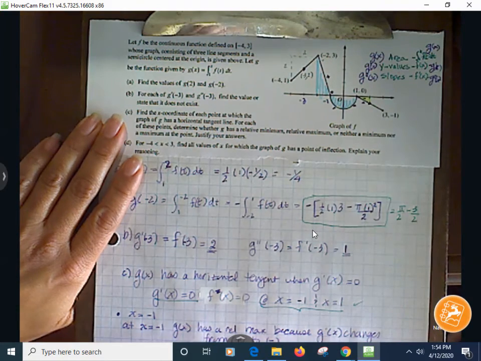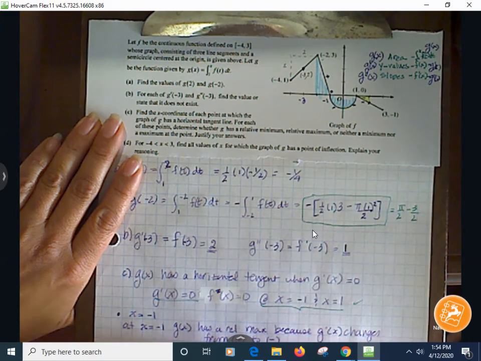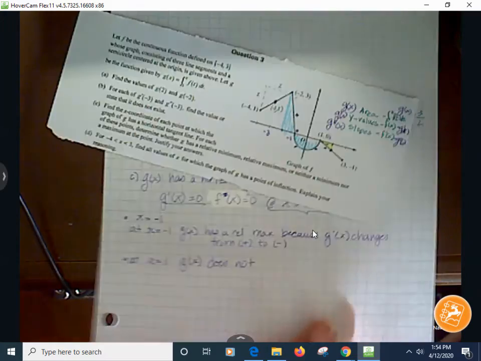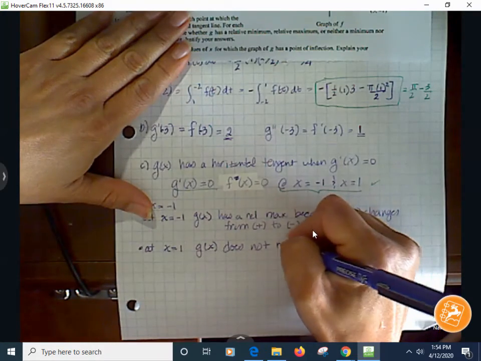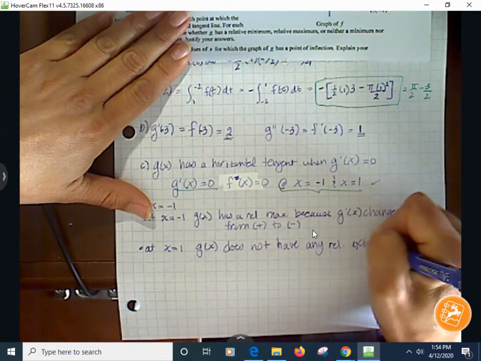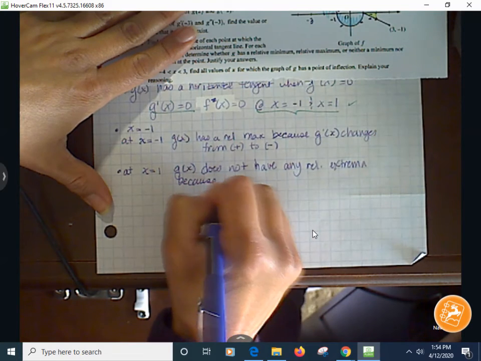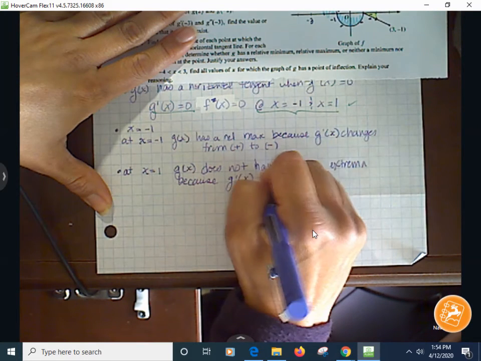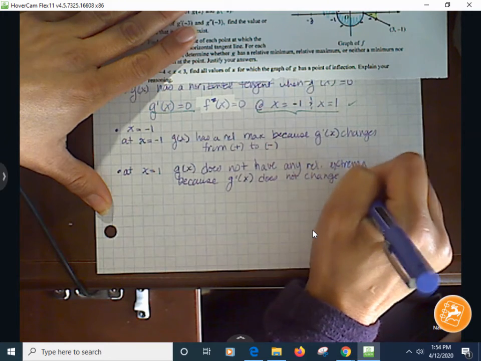So at x equal to 1, g of x does not have any relative extrema because g prime of x does not change sign.